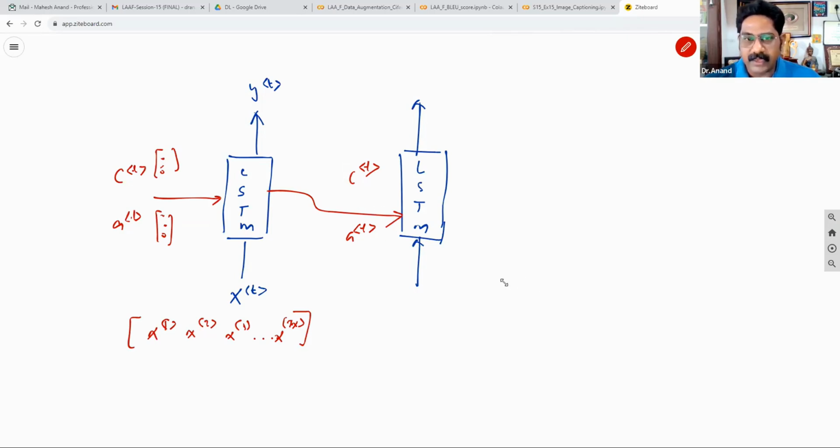Why are we talking about this side of the LSTM as the decoder side of the architecture? We are talking about it as vector to sequence, that your input side is a vector and the output side is a sequence. That is the way this has to be trained.